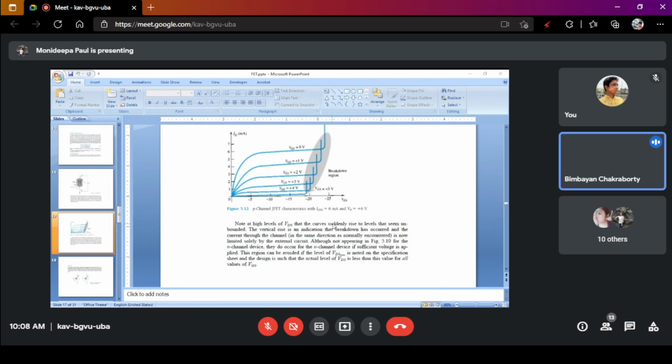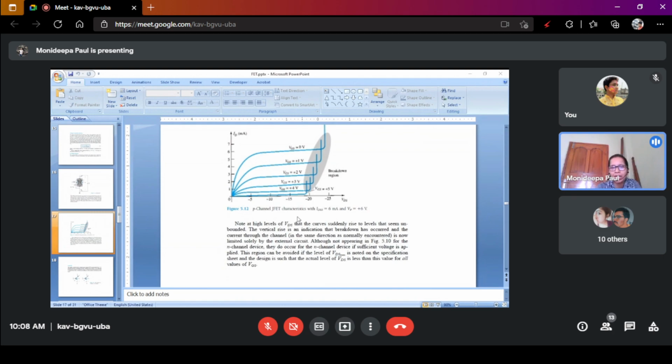You should always maintain VGS either 0 or negative. Actually, we maintain the VGS negative. If we maintain the VGS negative, then we can easily achieve the saturation current, and the saturation current level is low compared to when VGS is 0.